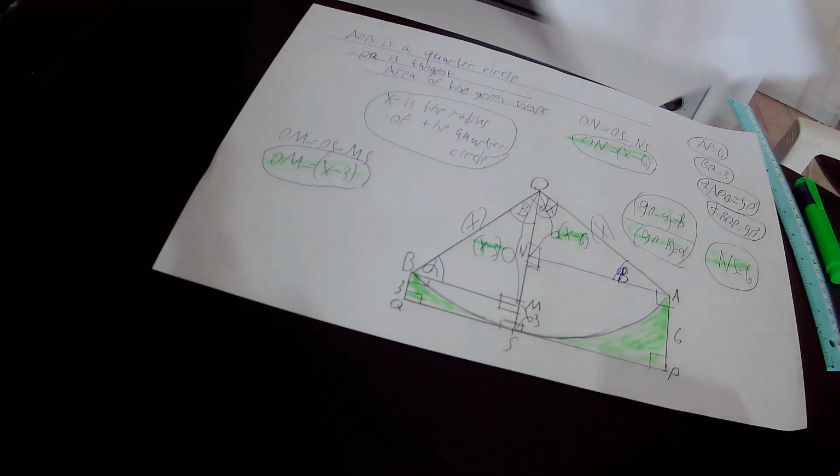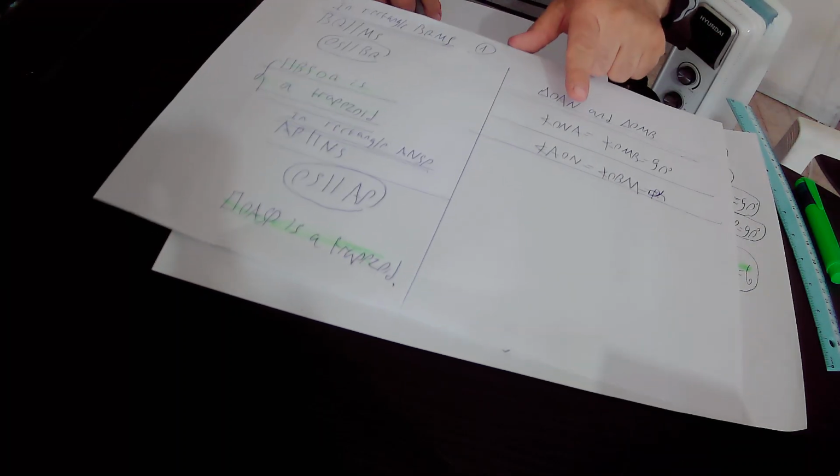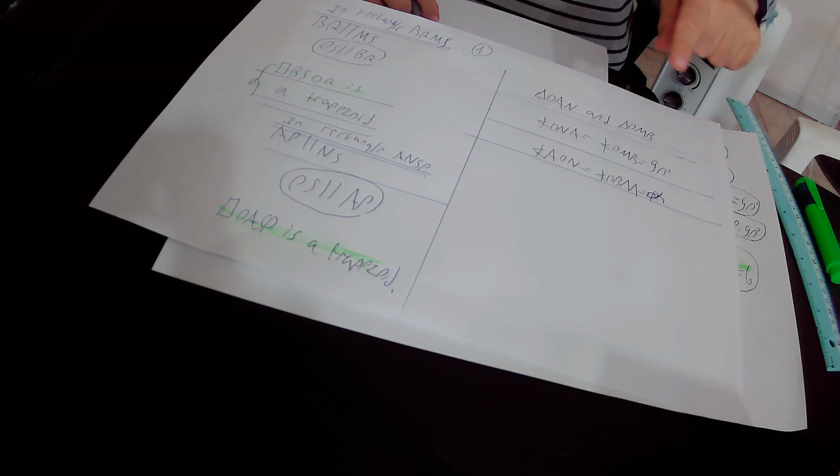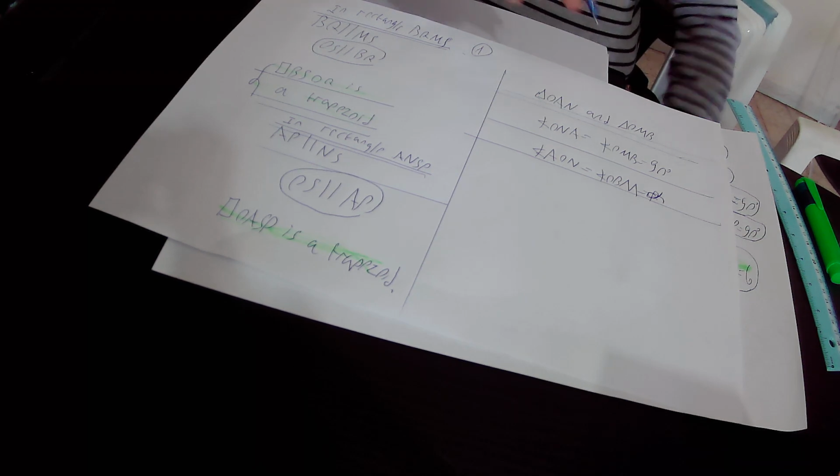Repeat again, angle AON in the right triangle OAN equals angle OBM in the right triangle OMB. They are both equal to alpha, therefore they are equal to each other.